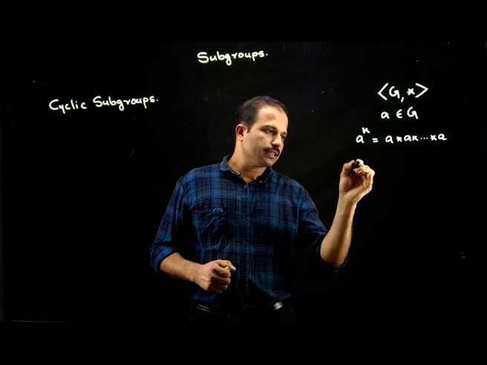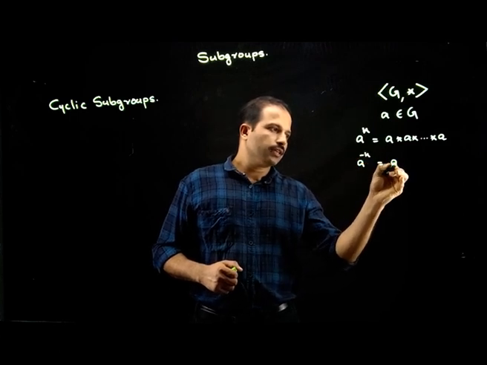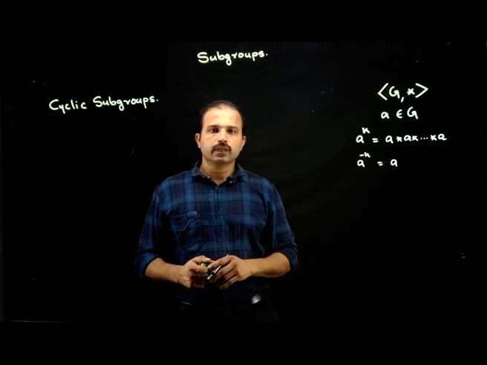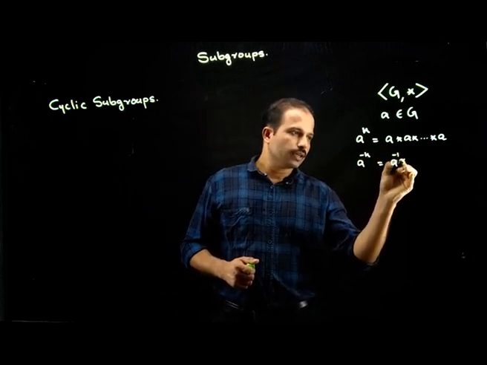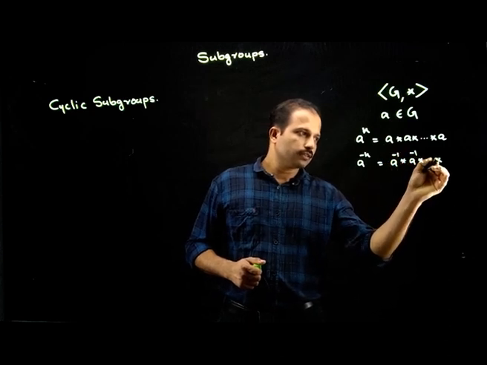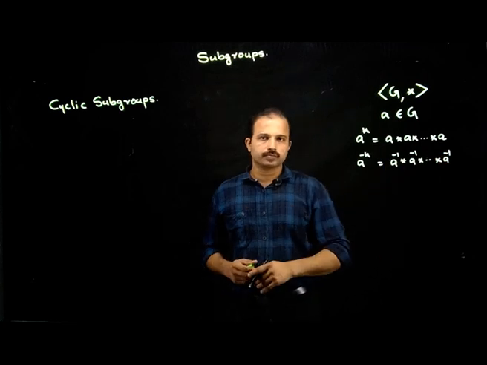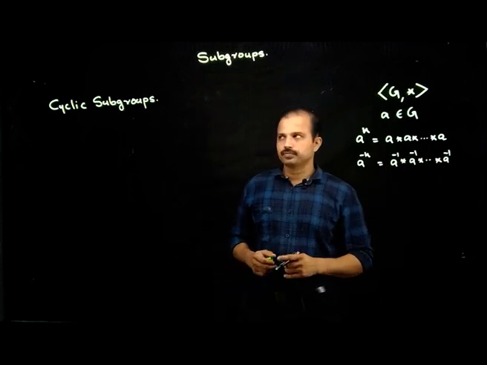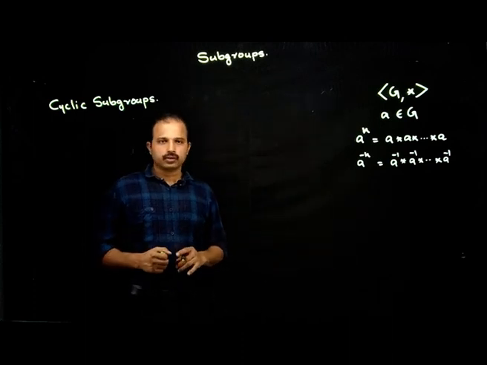And the second notation is, by A raised to minus N, we mean A inverse is operated N times. That means A raised to minus N is equal to A inverse star A inverse, etc., star A inverse. So these are the two notations we require. Okay. Now we have the definition of cyclic subgroup.